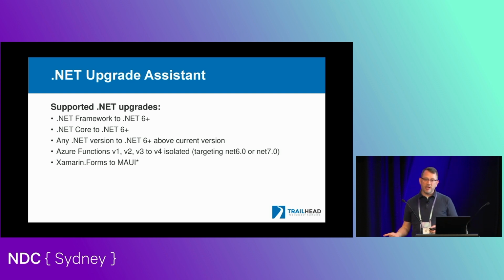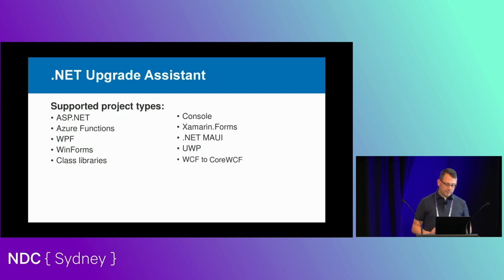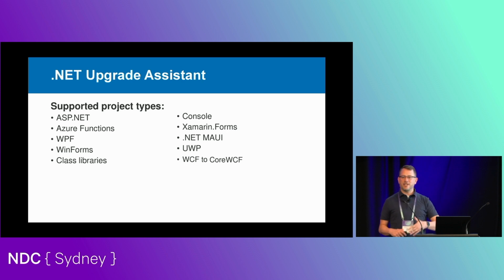It supports all kinds of different migrations. We're obviously going to be focused mostly on ASP.NET to ASP.NET Core today. But if you've got WinForms that you want to upgrade to run on .NET, or if you have WPF applications, or if you have Xamarin that you want to upgrade to .NET MAUI, the list goes on. And that even includes, in recent months, a project called Core WCF, which is an open source WCF replacement.